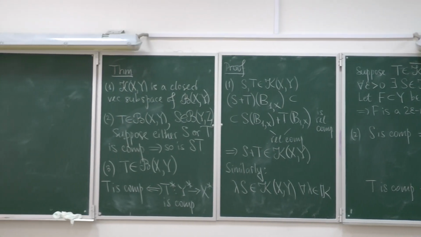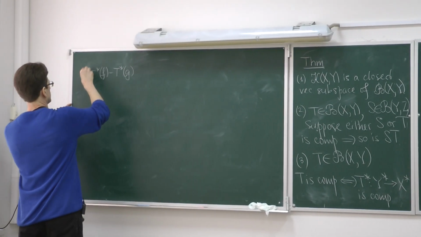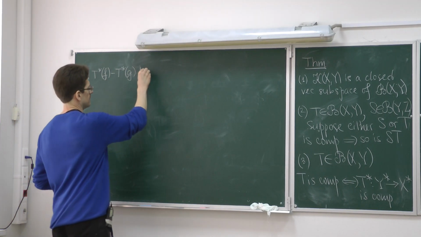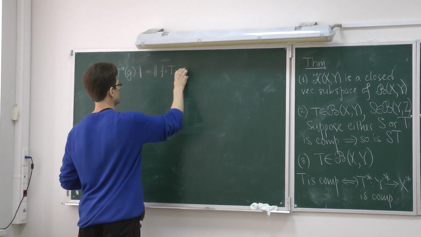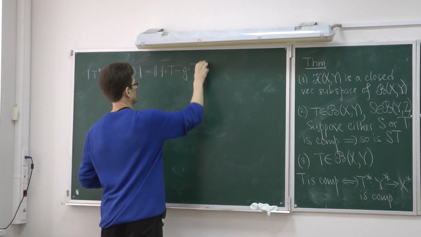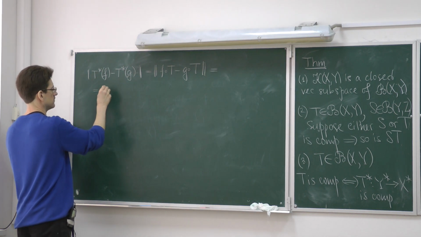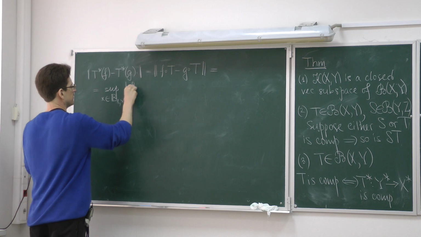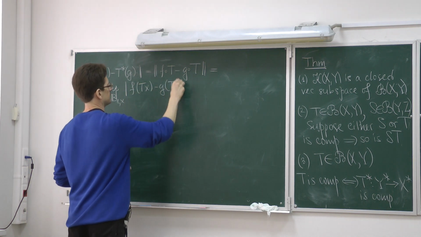T star of f minus T star of g. Well, by the definition of the dual operator, this is equal to f composed with T minus g composed with T. And by the definition of the operator norm, this is equal to the supremum over the unit ball of x, f of T of x minus g of T of x.